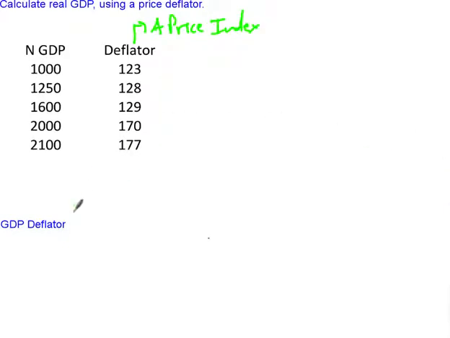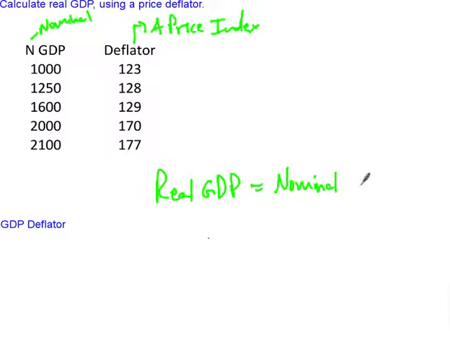All right, and so how we want to do this, we're going to take the nominal, so this is nominal. And the formula here to calculate real GDP is to take the nominal GDP times the deflator. All right, and to get the deflator, we're actually going to take 100 over the deflator value.